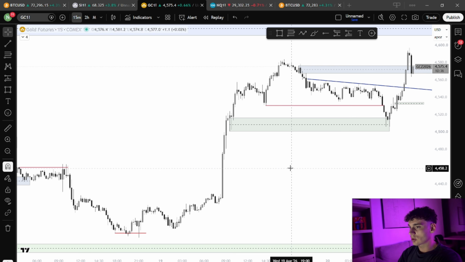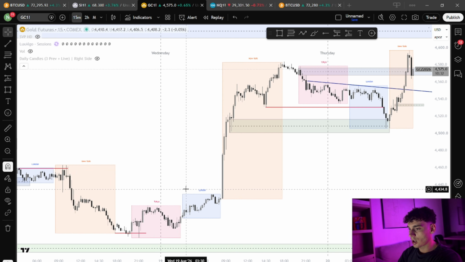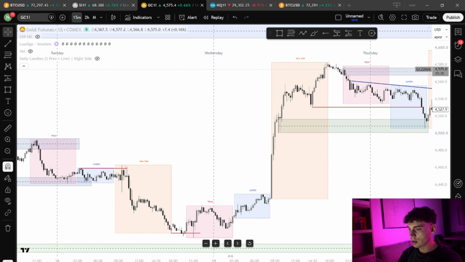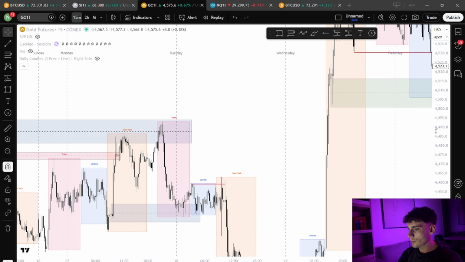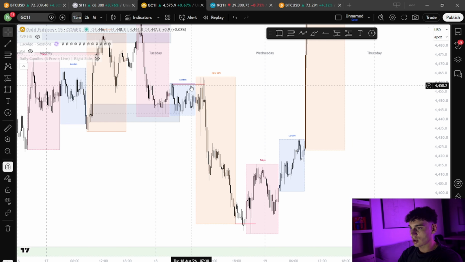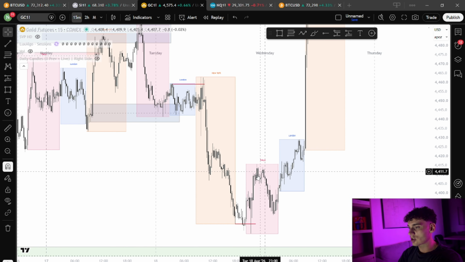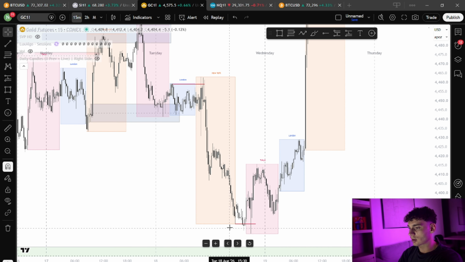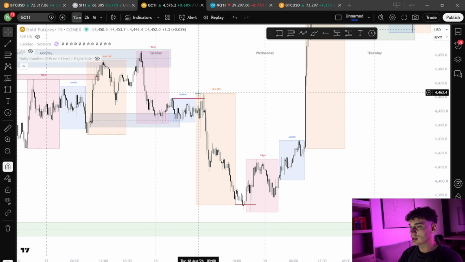For the sessions, I'm going to switch on the indicator, and as you can see, for example here, the New York session, it's actually the same example. We went up, swept that high from London, and pushed down. Then when the Asian session opened, it swept that low from New York and started pushing up.